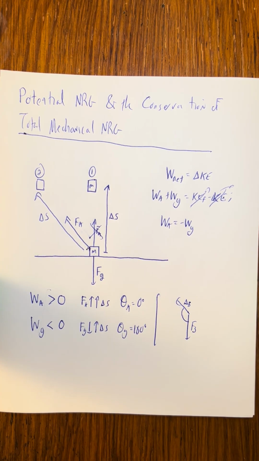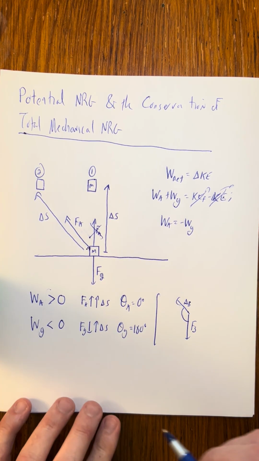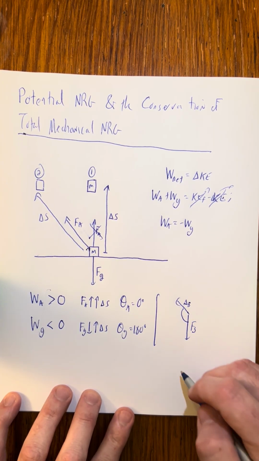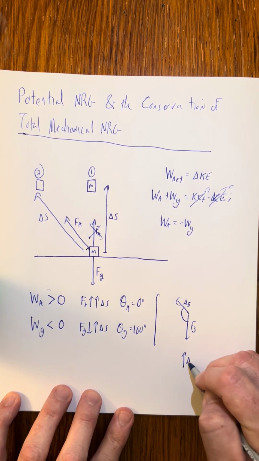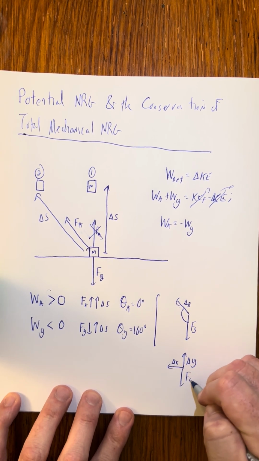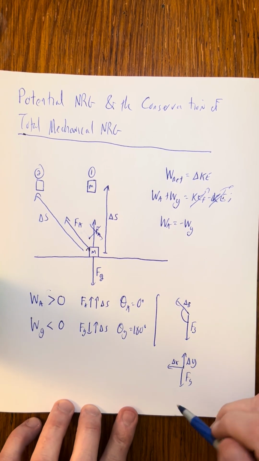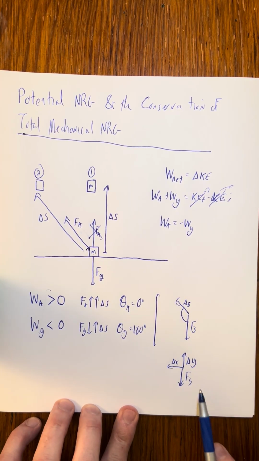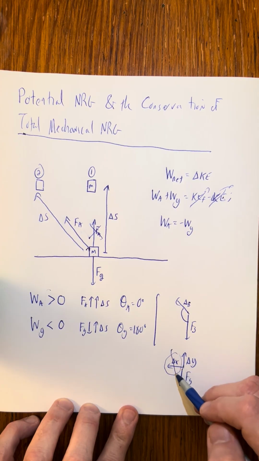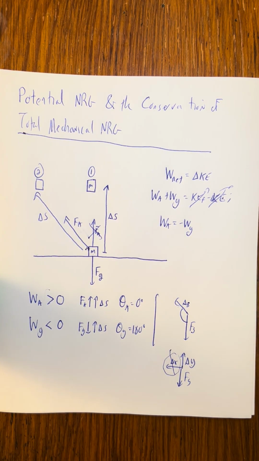But at the end of the day, the interesting thing here is that all that's going to matter is not this displacement, but the vertical component of that displacement. Because if I look at this little diagram, this displacement delta s could be resolved into delta y and delta x, and the delta x portion of this displacement would have cosine of 90 when I go to do the work.